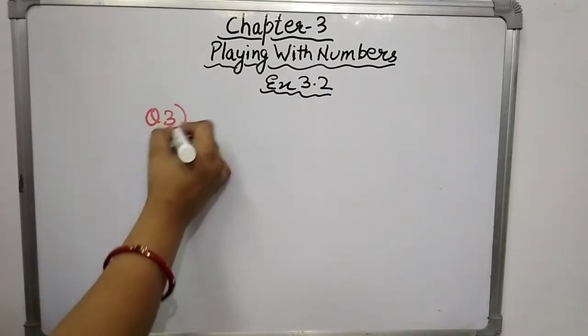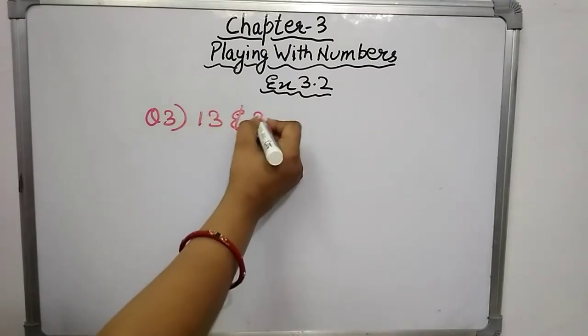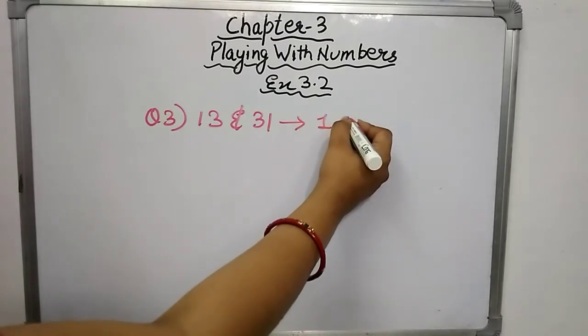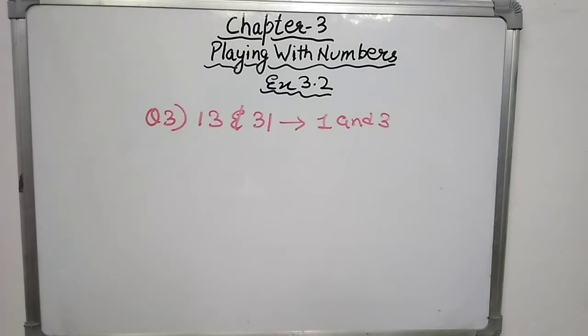So in question number 3, a pair of prime numbers is given, 13 and 31. This has two digits 1 and 3. And you are asked to find more such pairs of prime numbers up to 100.